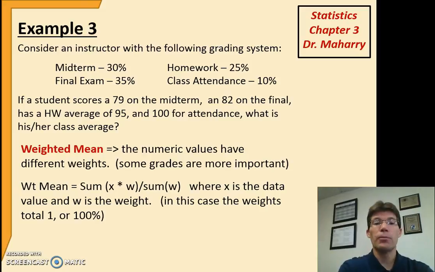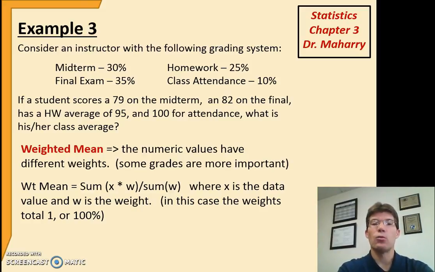So the basic formula is the same. We're going to add up our numbers and divide by a total. But when we add them up, we're multiplying by the weights. So I'm going to take each of those scores, the 79, the 82, the 95, and the 100, but I'm going to multiply by those weights, the 30%, 35%, etc. And then I divide by the total. Here I divide by the total weights.